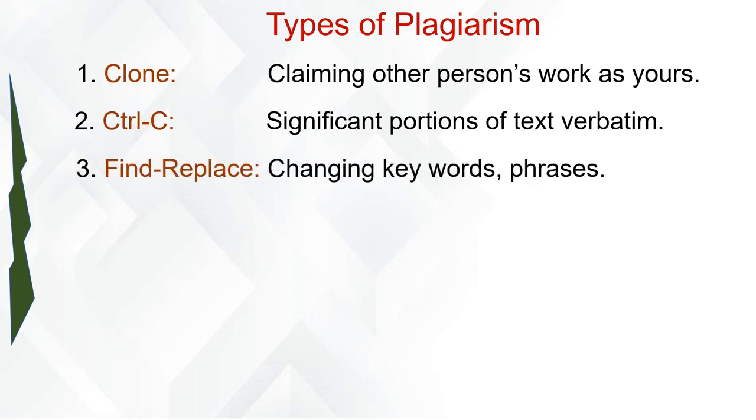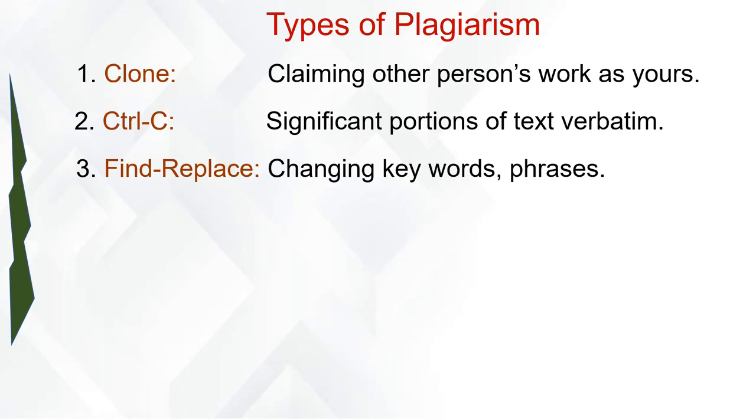And in find and replace type of plagiarism, only a few words are searched and replaced by selected words. It's so simple to remember these kinds of plagiarism, because these terms are based on really popular terms that we use almost in our daily lives. Clone, Control C, find, replace. So it's not that difficult to remember.